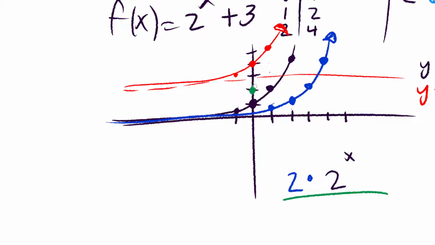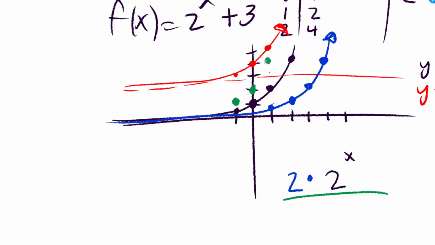We're stretching up by 2. When x equals -1, this turns into 1/2, which turns into 1. So we're sort of like here now. And then if x equals 1, it will turn into 4.